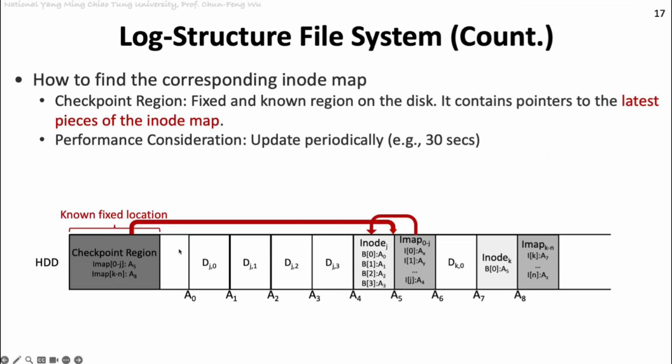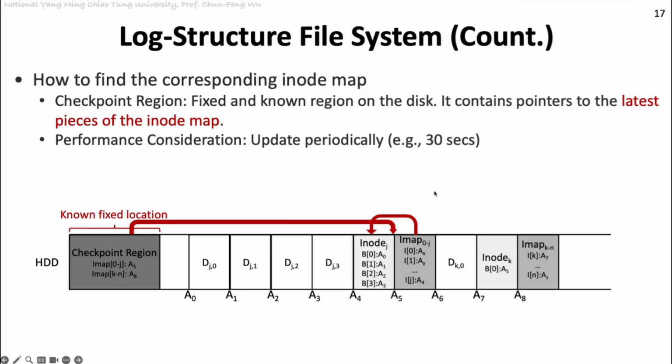So there are two concepts here. The first one is the checkpoint region, and the second one is the inode map. We are saying, hey, it is hard to record each inode one by one. So how about we group them together? For example, the first inode map manages inodes 0 to J. We make it a group.